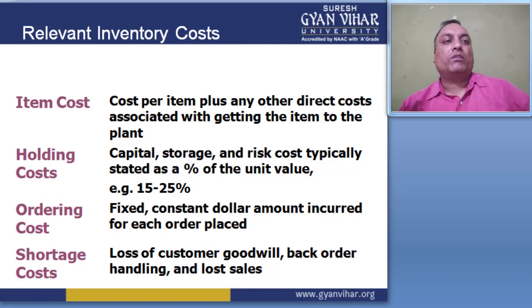This cost of the product is called the shortage cost, and this gives the loss of the customer's goodwill and back order handling and the lost sales also, right? So these are the different kinds of shortage cost related to the relevant inventory cost related to the EOQ analysis.